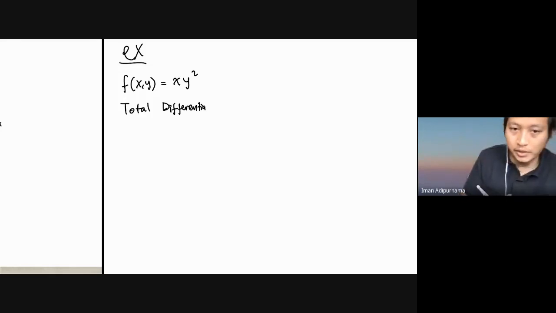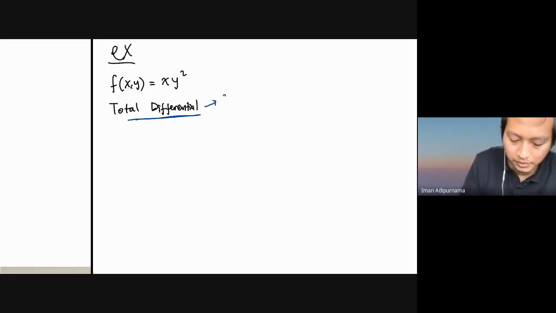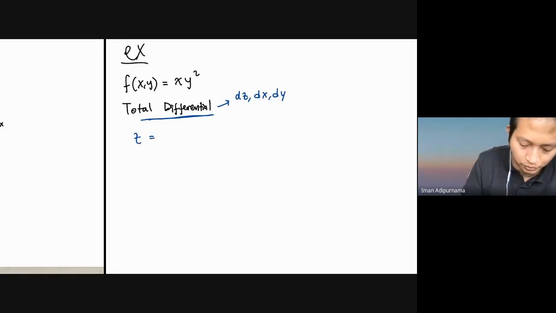It means that we need to write an equation in which we set up dz, dx, and dy. That will be our differential equation.